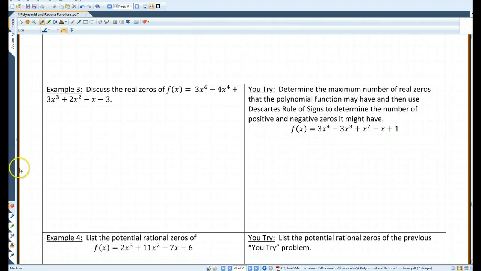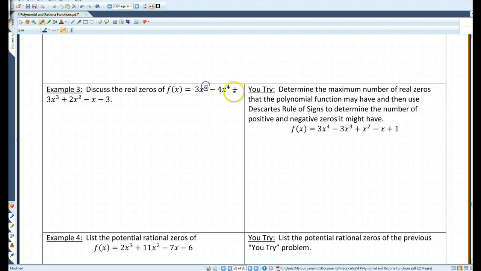All right. Discuss the real zeros of f of x. Because the polynomial is of degree 6, by the number of real zeros theorem, there are at most 6 real zeros. Since there are 3 variations in the signs, okay, so when I say variations of the sign, this is positive, this is negative.